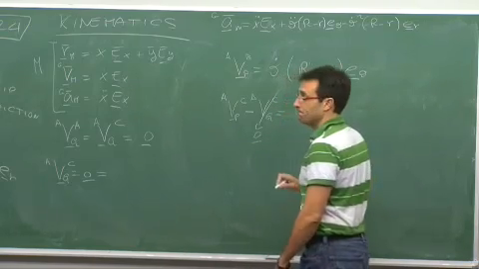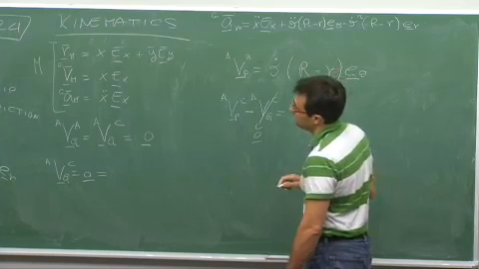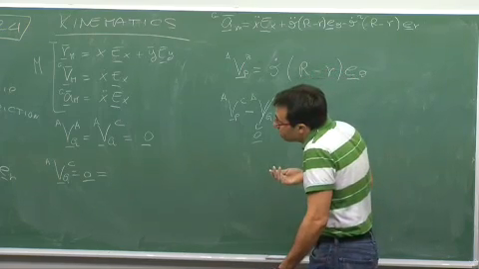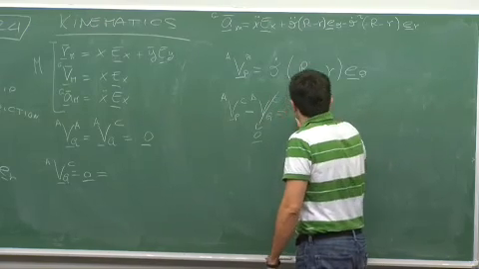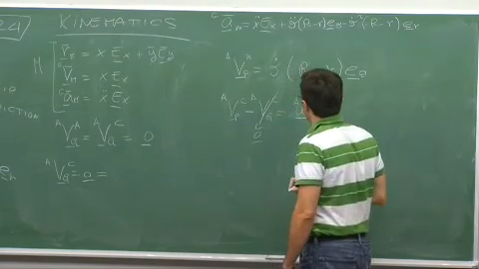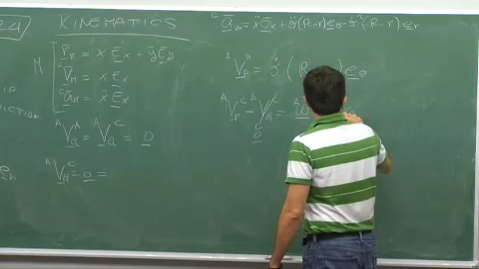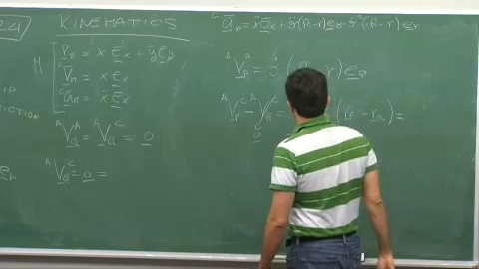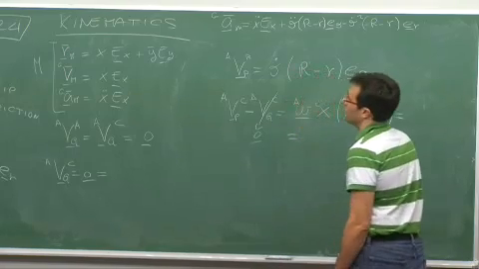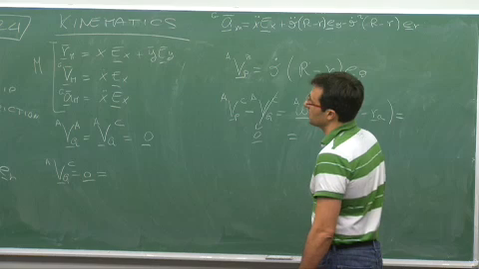omega, which one? This is now omega of C with respect to A, crossed with Rp minus Rq, right? And what is the angular velocity of C with respect to A?